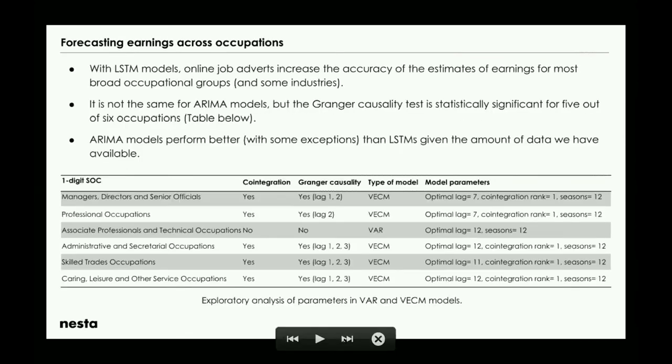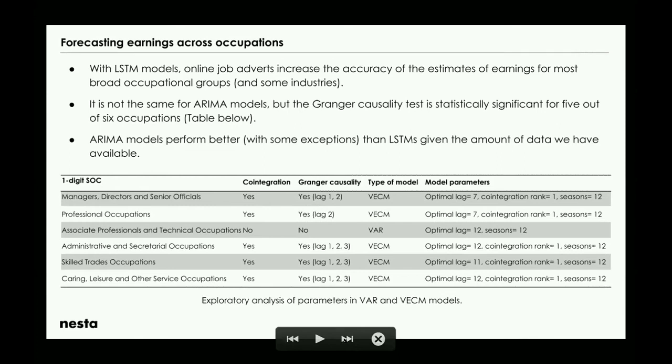For the last part of this presentation, I'm going to focus on forecasting earnings. As for how that resolved, we can do a bit better with LSTM. We can increase the accuracy of the estimates. It's not the same for the other regressive models. They do perform a bit better than LSTM, but this might be just because of the dataset size.